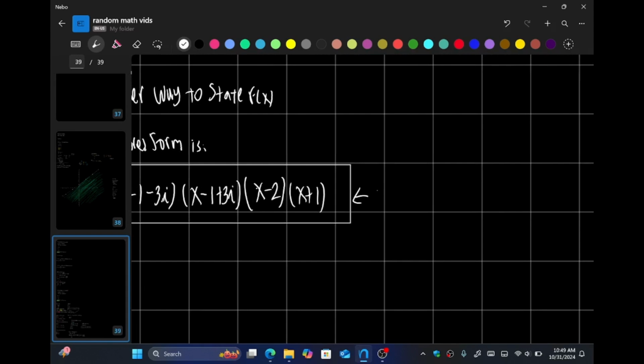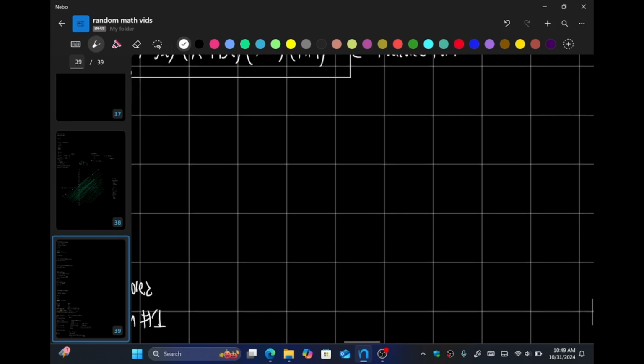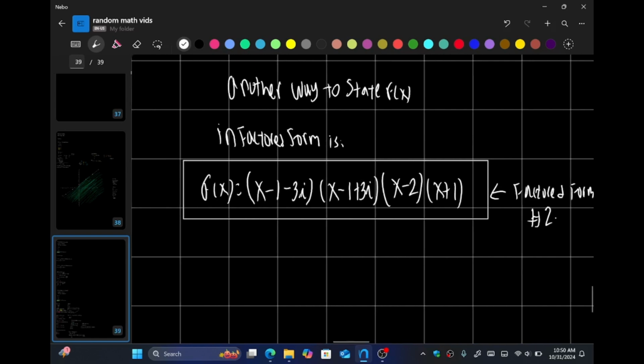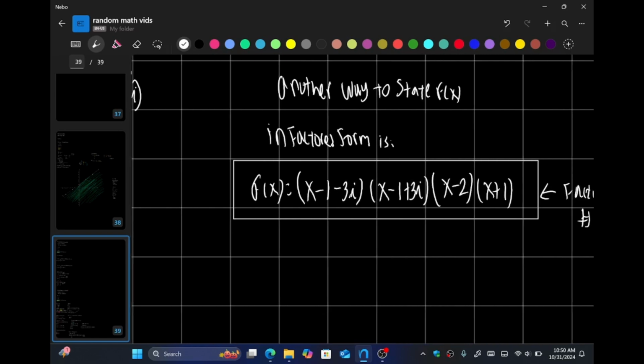I'm sorry, guys, hold on. So these are two different ways to say the factored form, guys.